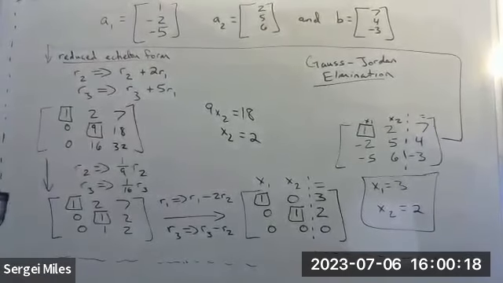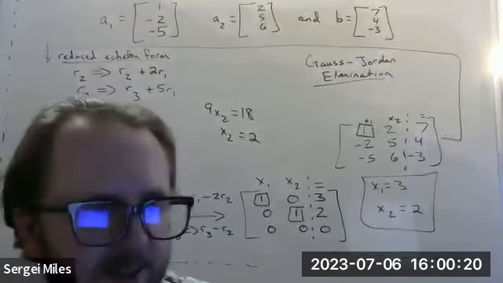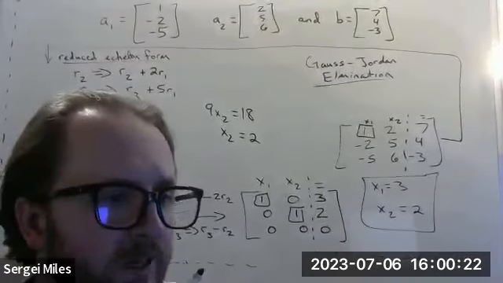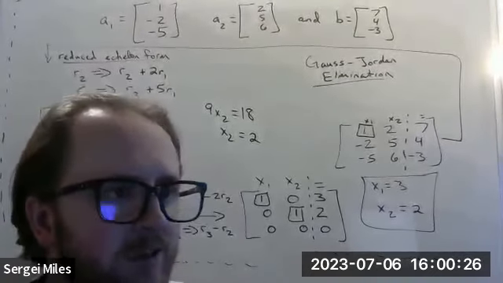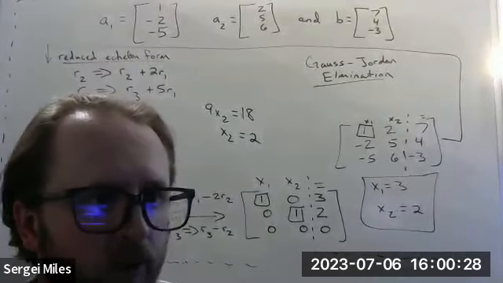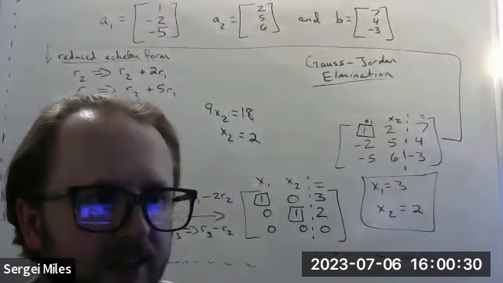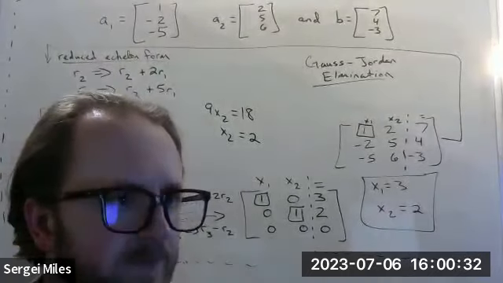Let's see. I would like to also give an example where we do have a free variable. So let me pull that up real quick. We need the textbook.